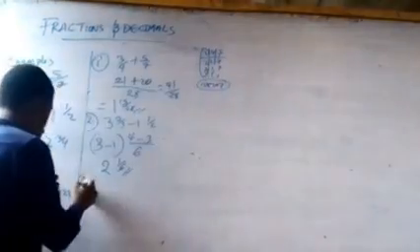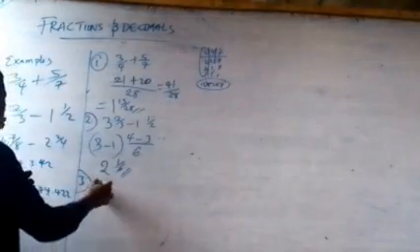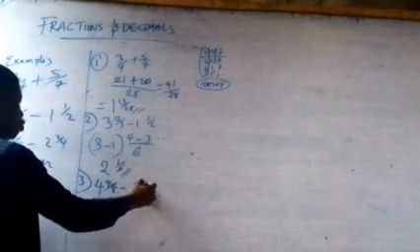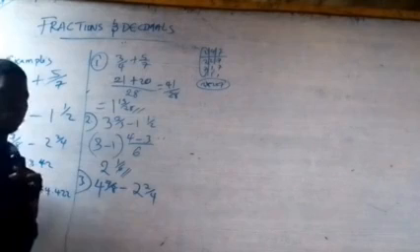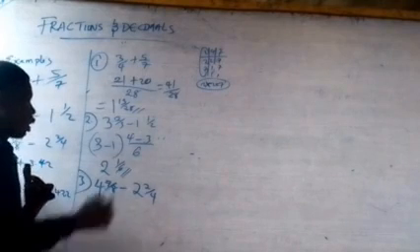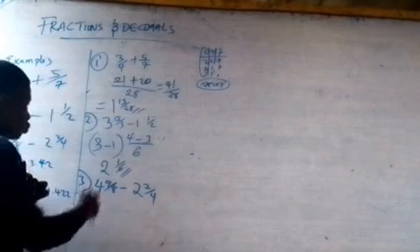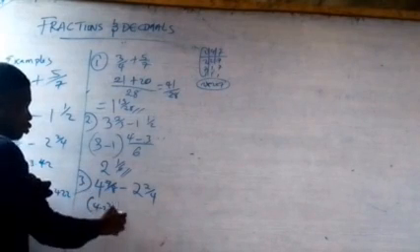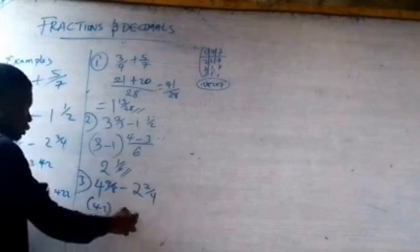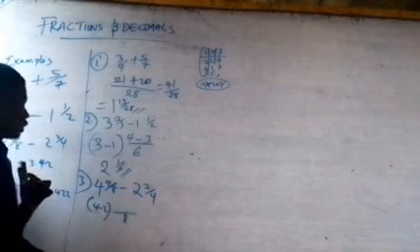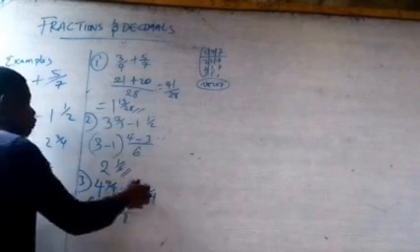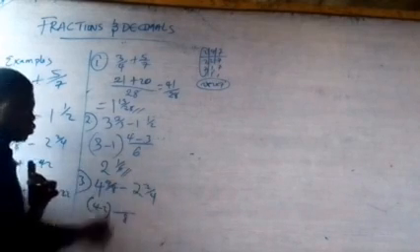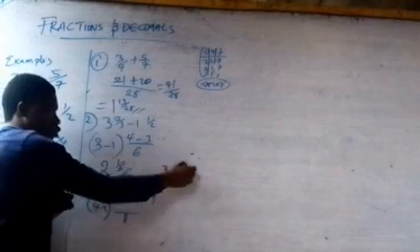Now doing number 3, we have 4 whole number 7 over 8 minus 2 whole number 2 over 4. And what do we do here? We bring this one, 4 minus 2. What's the LCM? 8. Now, normally, this is an equivalent fraction, but I don't want to take time. 2 over 4 is 1 over 2.